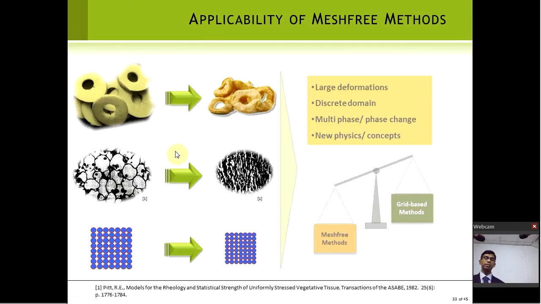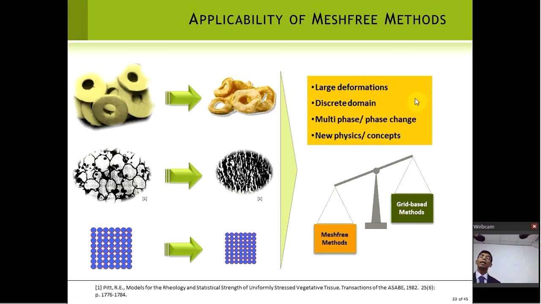And here you can see the structure undergoes large deformation, and it is not a continuous material, it's a cellular structure. Thereby it highlights we have large deformations and a discrete domain, we have multiphase, gas, fluid, solid, and so forth. Which led us to choose Meshfree methods compared to grid-based methods.